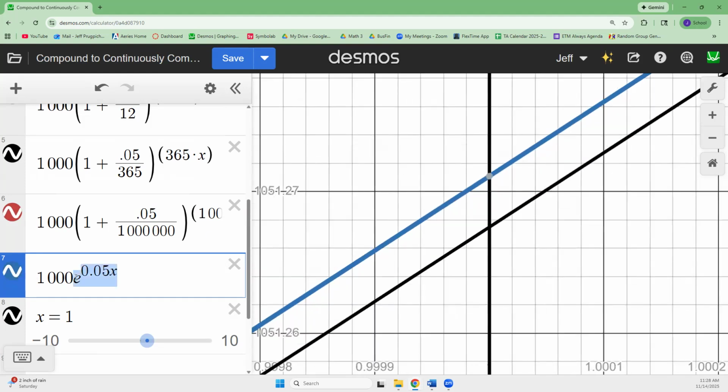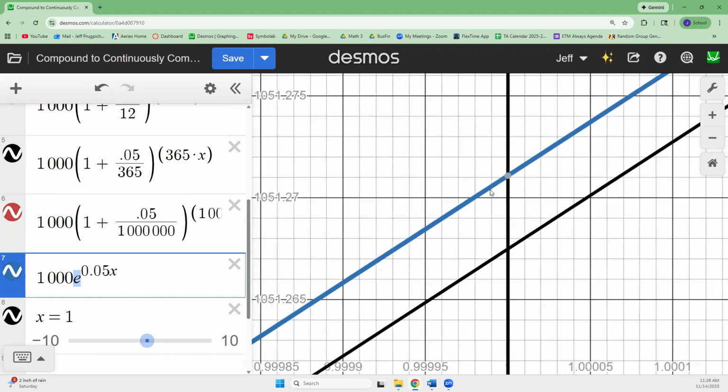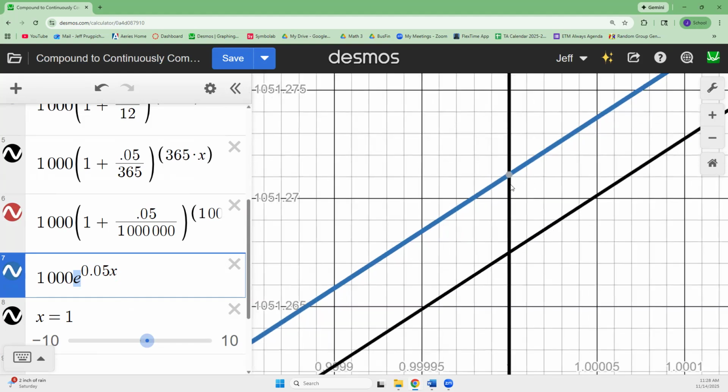This number e is probably new to most of us. You may have seen it on your calculator. You do have an e button because it is a very important number. Even when you compound more often, the amount increases, but by less and less every time. So that's why it's possible to do this thing called continuously compounded interest.